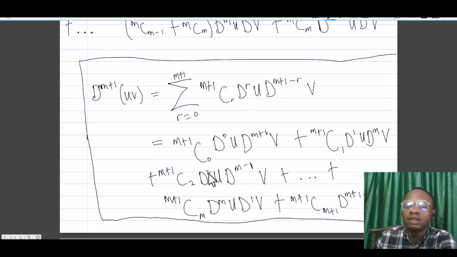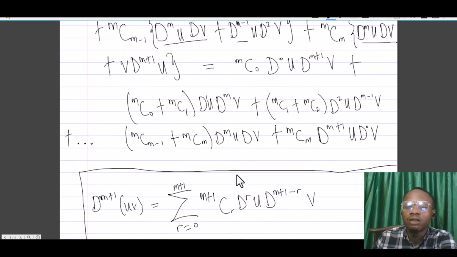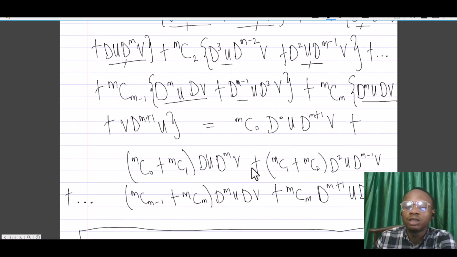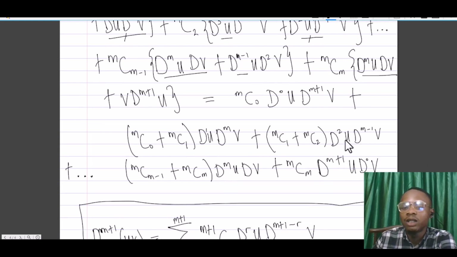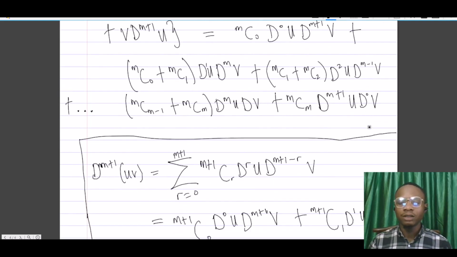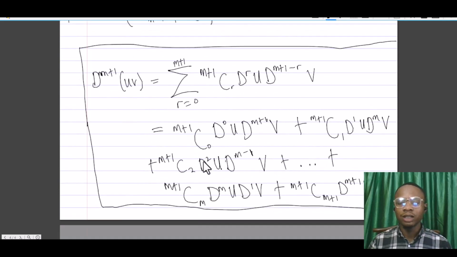The next thing is the squared u, the (m minus 1) v. You see this also to be the squared u, the (m minus 1) v, as expected.